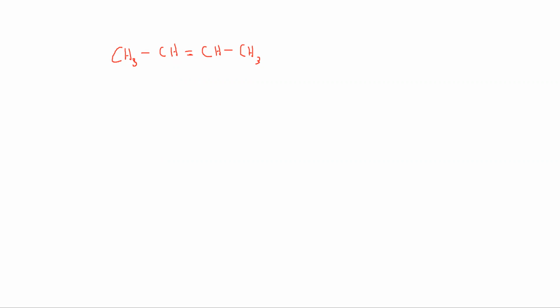Yeah, it is butene, that's correct. Because due to 4 carbon atoms, it's but. 2 is the position of a double bond, and ene because of the presence of double bond.